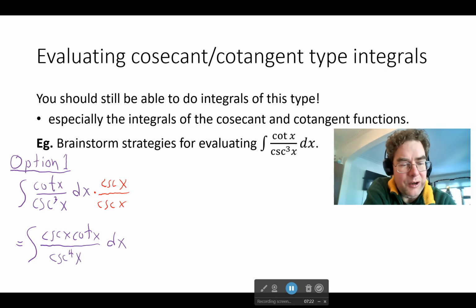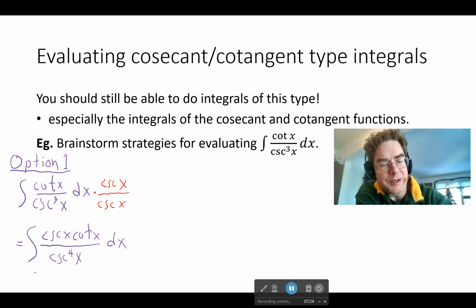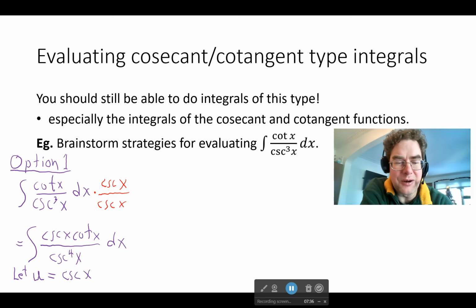Again, taking that parallel with the secant tangent type integrals, here we could let u be cosecant x, and this is really promising because the derivative of cosecant x is negative cosecant x cotangent x, and we see that in the numerator.